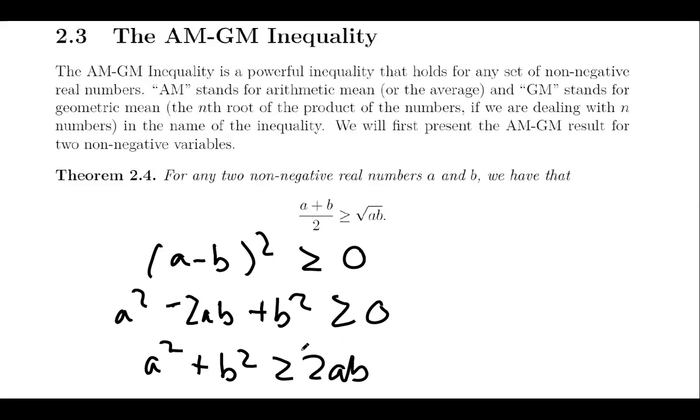Okay, and then we can keep going. We can add another 2ab to both sides. It's greater than or equal to 4ab.